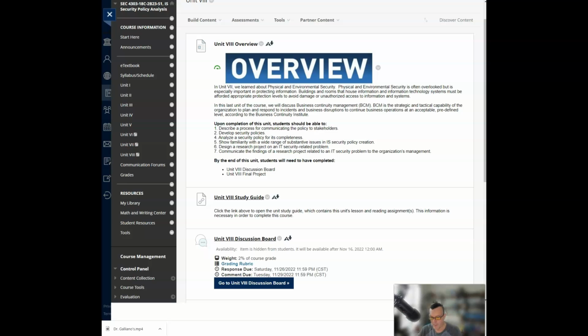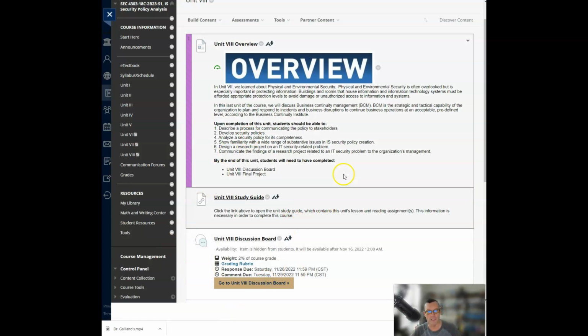Now, the kinds of topics you're going to get out of those two chapters include standing operating procedures, operational change control, malware protection, data replication, secure messaging, activity monitoring and log analysis, service provider oversight, and threat intelligence and information sharing. So let's take a look at the discussion question for this unit.